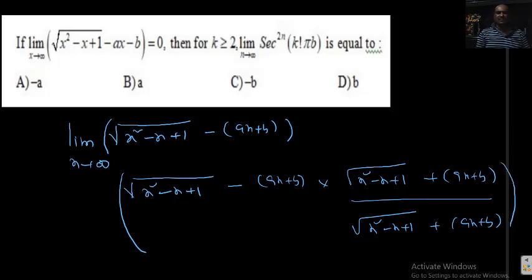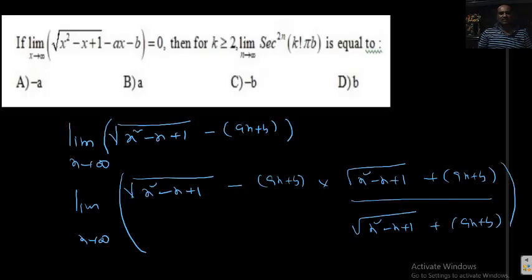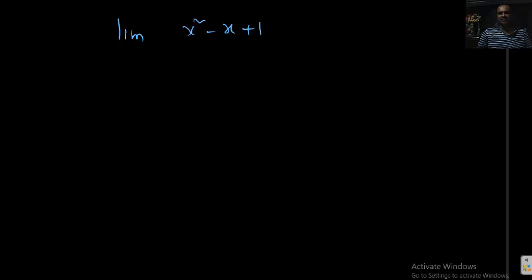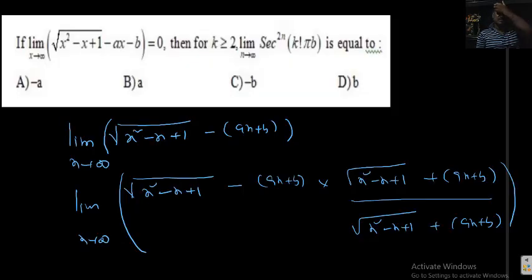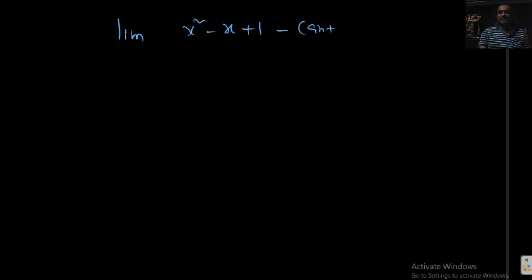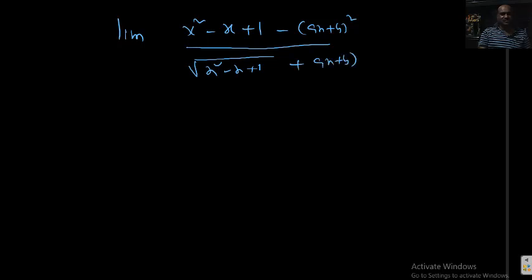Okay students, so the limiting value as x is tending to infinity. In the numerator, I will write on the next page: x square minus x plus 1, friends, a minus b into a plus b, a square minus b square, minus (ax plus b) square, by root over x square minus x plus 1 plus ax plus b, as x is tending to infinity.